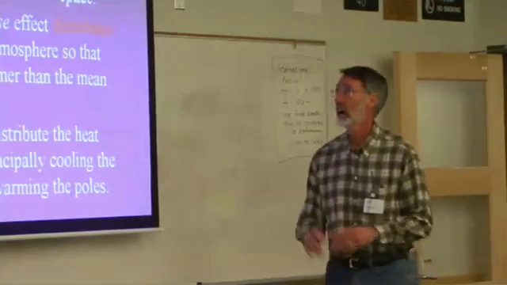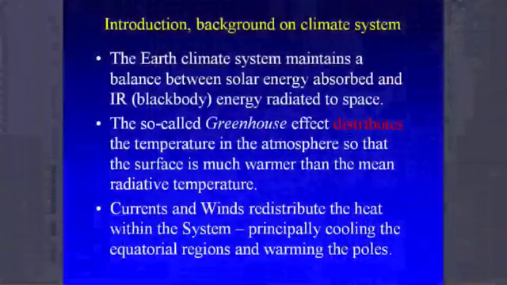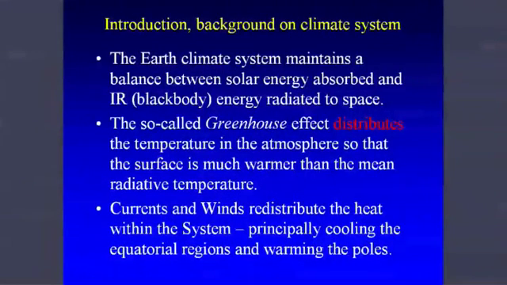Introductory. The Earth is actually a balance between the heat that comes in and the heat that goes back out. So the heat comes in from space, essentially from the sun. A little bit of the sun's light is reflected, and then the heat that's absorbed in the Earth system, either in the air or the land, is later re-emitted in the infrared as blackbody radiation.